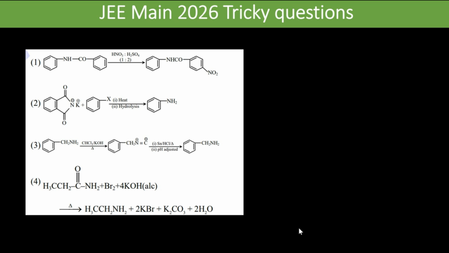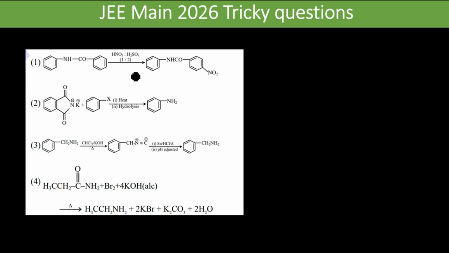Given this series of reactions, we are asked to find in which reaction the products are right. The first one, as you see, I have NHCO with 2 benzene rings, 1:2 ratio, adding acid, which is forming NHCO NO2.